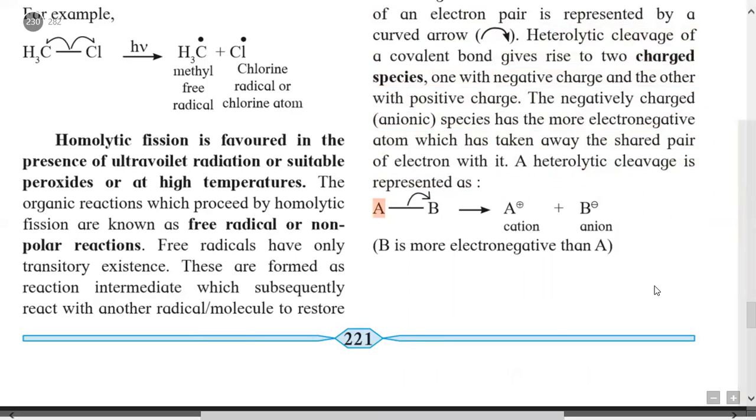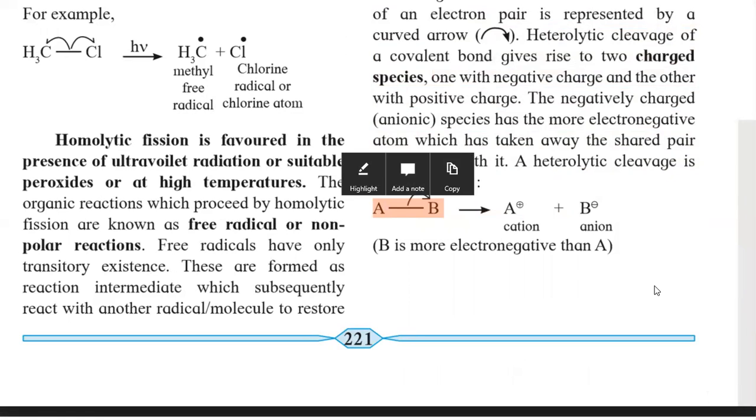It is A-B single covalent bond. Here the bond arrow is shown from the bond towards the B atom. That indicates the B atom is more electronegative. It pulls the shared electron pair towards itself and forms a negative ion called an anion.